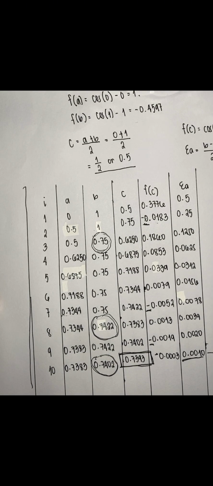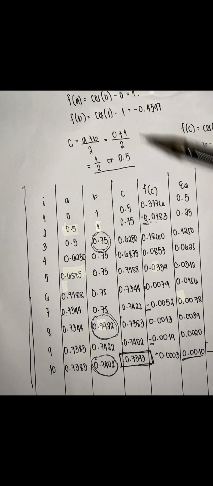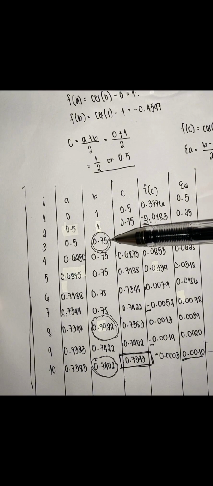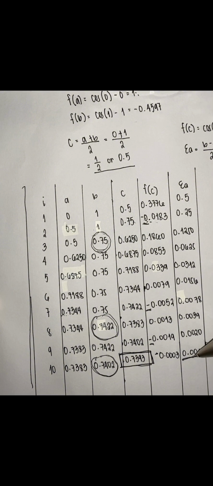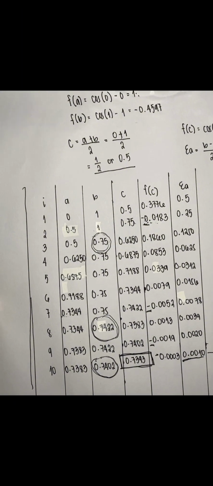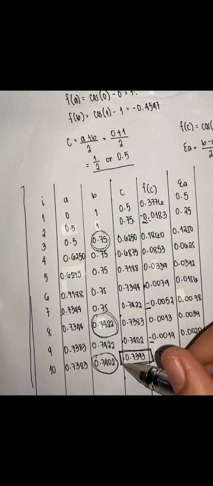So after solving for everything, as we can see in iteration 2, f(c) times f(a) is negative, so we change b to c, and as we solve till iteration 10, we have obtained an error less than the given error, which is 0.001. So now we can have our final answer.